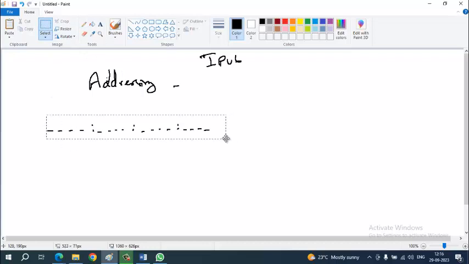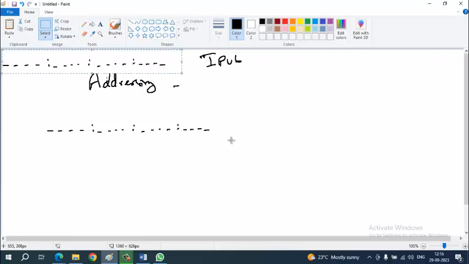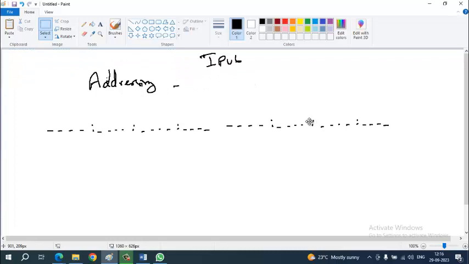Likewise, we got 8. This is IPv6 hexabits. If you count and see, there will be 32 hexabits. And how many groups? 8 groups.